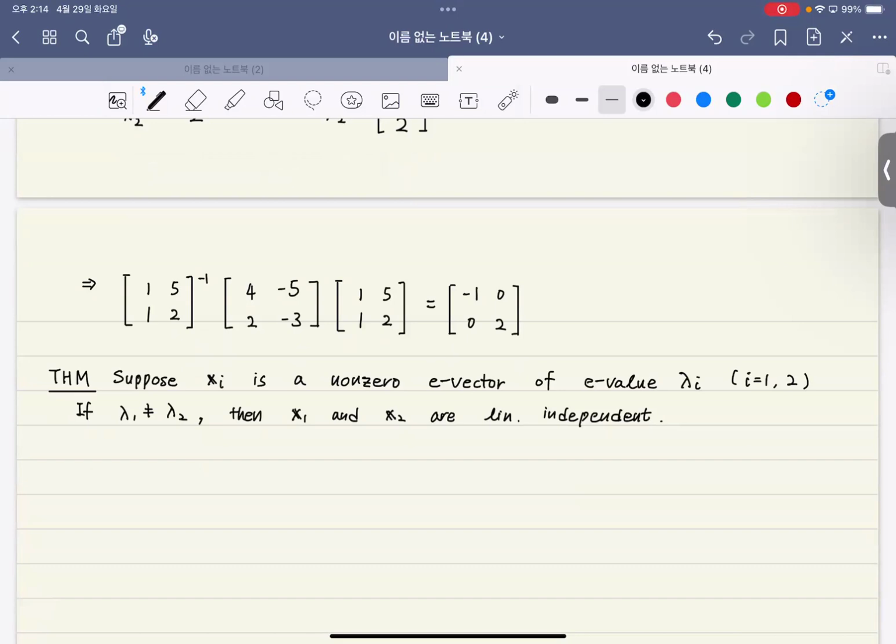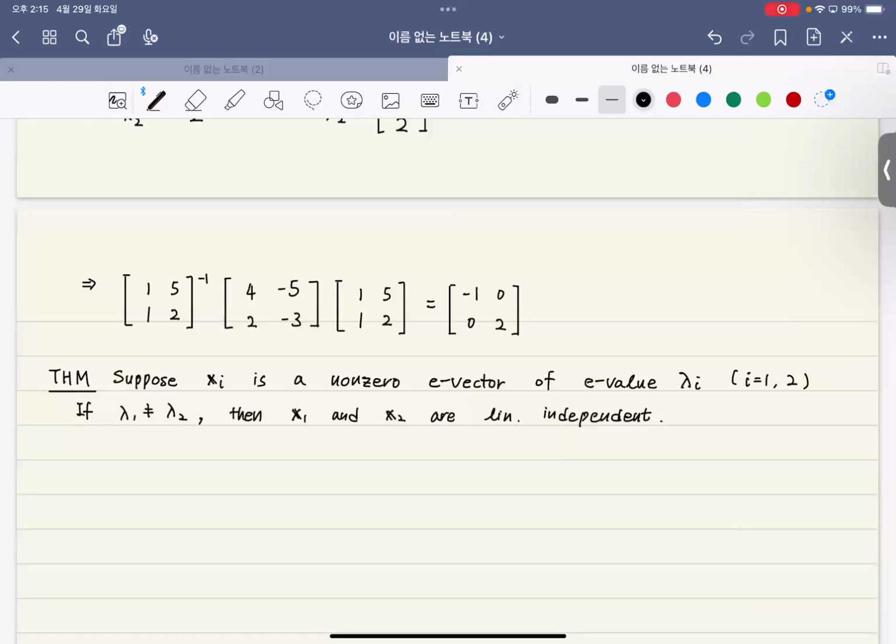This is a very important theorem because in order to do a diagonalization, we have to find linearly independent eigenvectors. This theorem says if 2 eigenvectors belong to 2 distinct eigenvalues, then these 2 eigenvectors are automatically linearly independent.